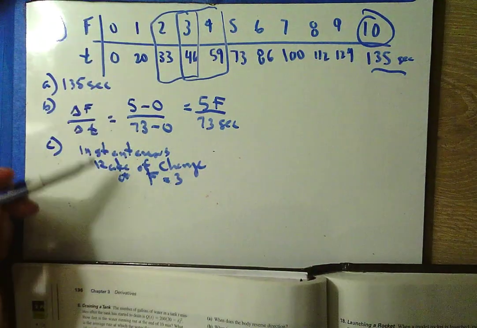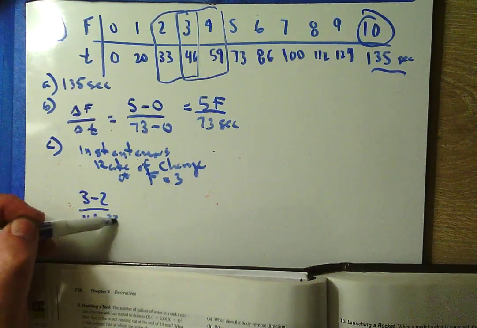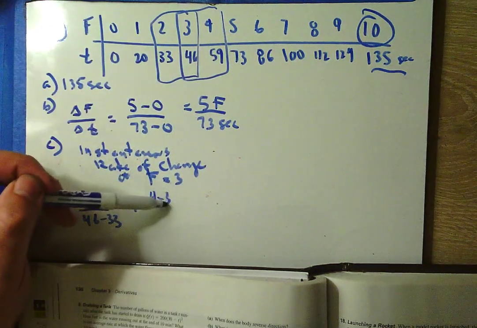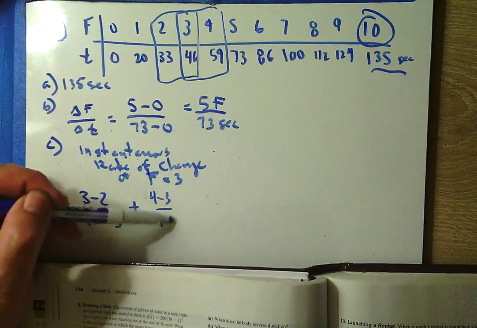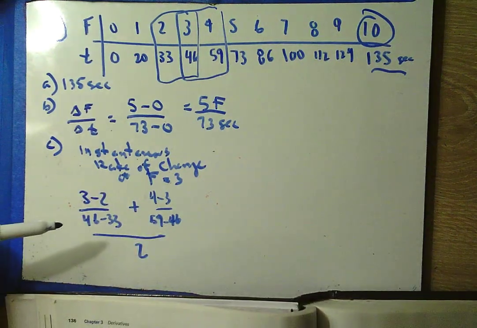So the change here is 3 minus 2 over 46 minus 33. And the change here is 4 minus 3 over 59 minus 46. And we want to average those two numbers.